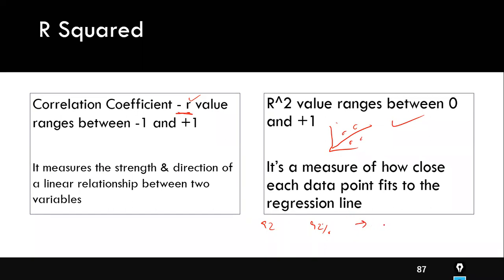In other words, the remaining 8% is unexplained variation. This is the explained variation, and this is the unexplained variation. That is what it tells us.